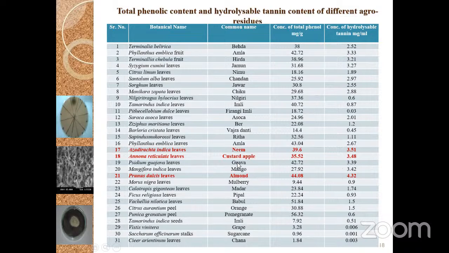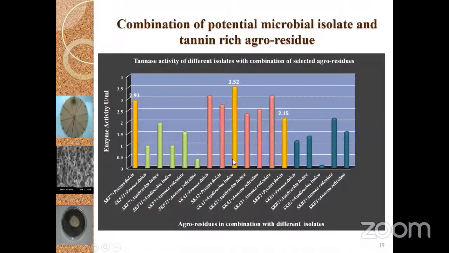Therefore, for further study, we selected these 3 different agro residues, and then we tried the permutation and combination of the potent microbial isolates with these tannin-rich agro residues. Different combinations were performed with the potent tannase producing isolates and the agro residues.